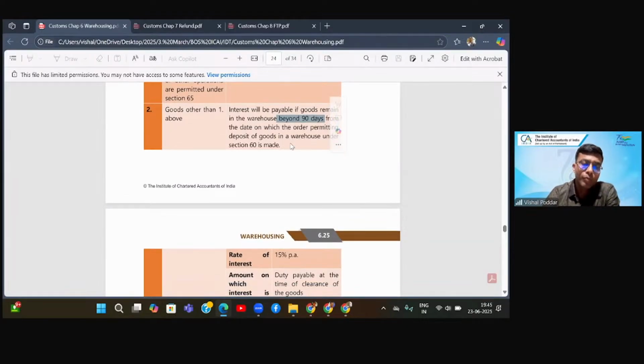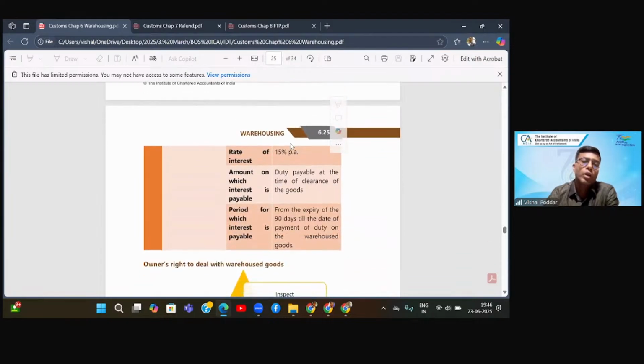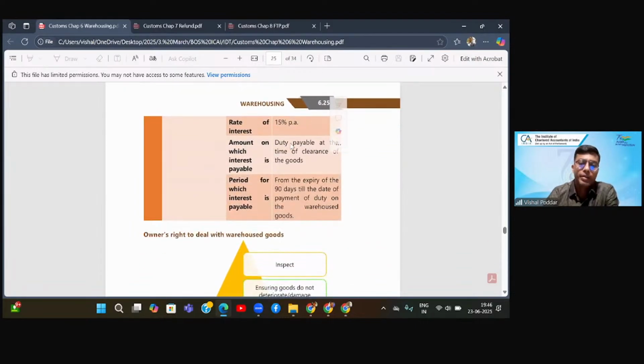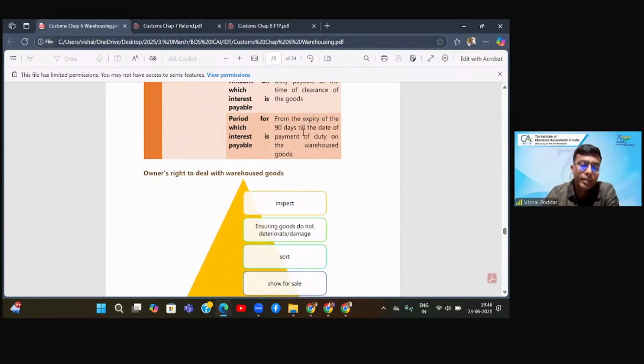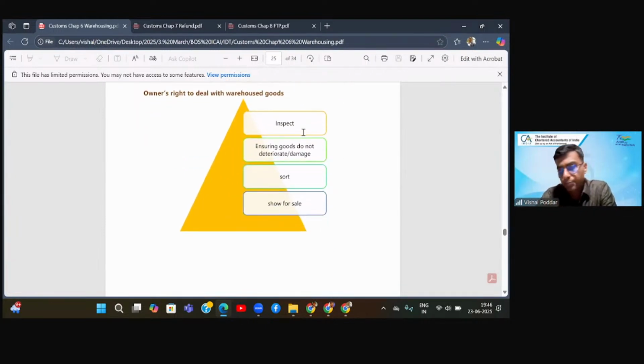So even though you are allowed the total timeline of 1 year, within that timeline, beyond 90 days, if you are keeping the goods, you have to pay interest. The rate of interest is 15% per annum. Interest will be on the amount of duty payable at the time of clearance, and the interest will be computed from the 91st day till the date you are removing the goods.